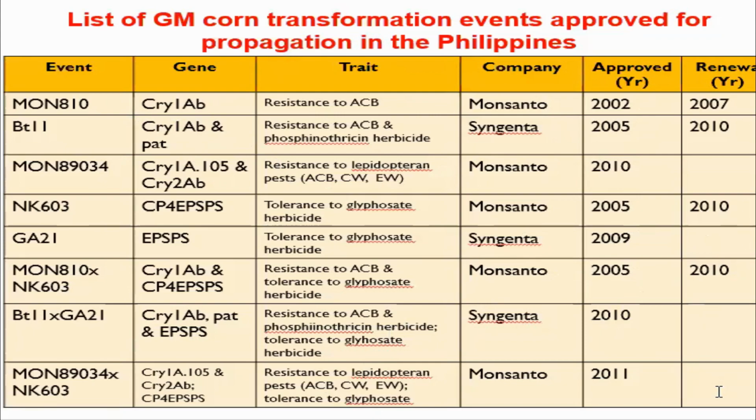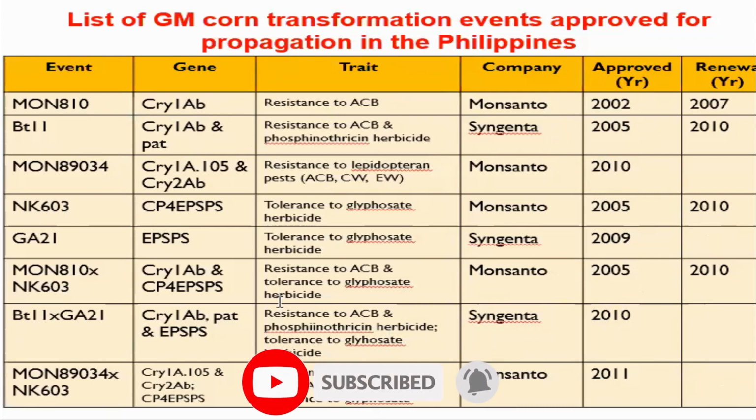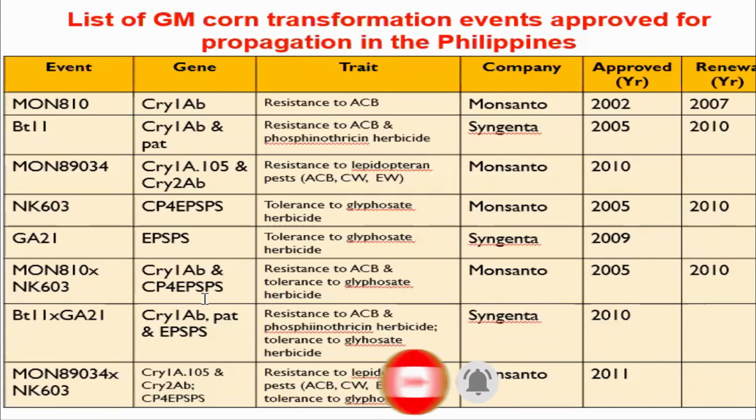This is under the regulatory department of the Bureau of Plant Industry, in the registration of other countries or other seed companies for their GM corn products. So these are all the different companies. We have Syngenta and Monsanto, and these are the different events from 2002 up to 2011.